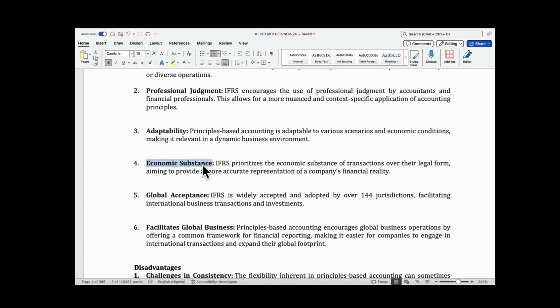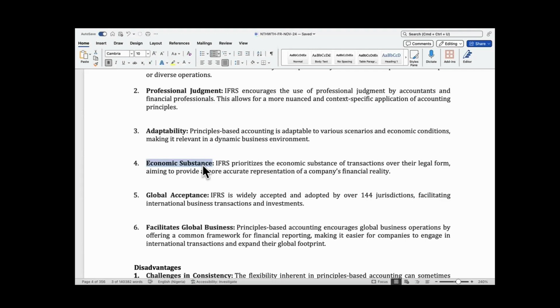Because principle-based is saying use your judgment, you would have to present the major financial reality of each business, which is economic substance. What is happening in the business? What is the transaction itself? So economic substance here is saying that the transaction is what we are going to recognize in the books.